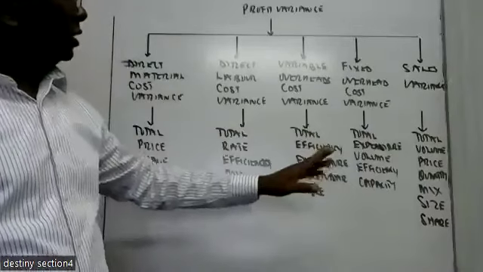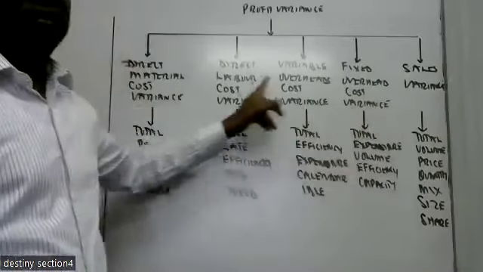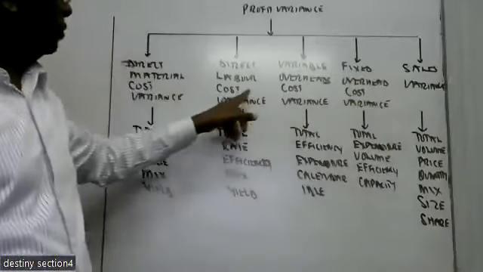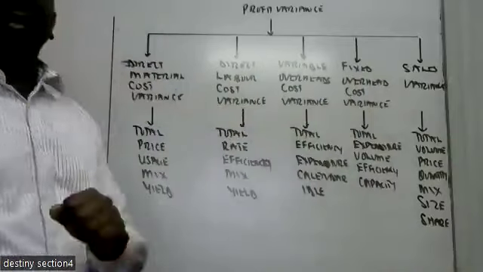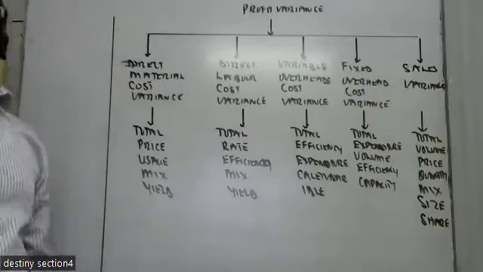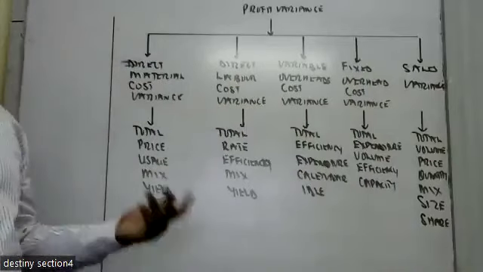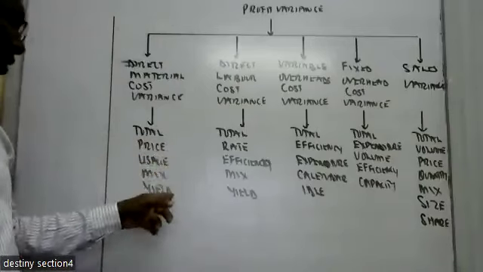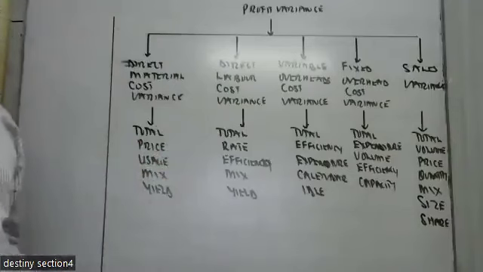You realize these are the things you find in the income statement: the sales, the overheads, the labor, the material. Then if it is materials that changed, what exactly has changed? Is it the total, the price, the usage, the mix, the yield?